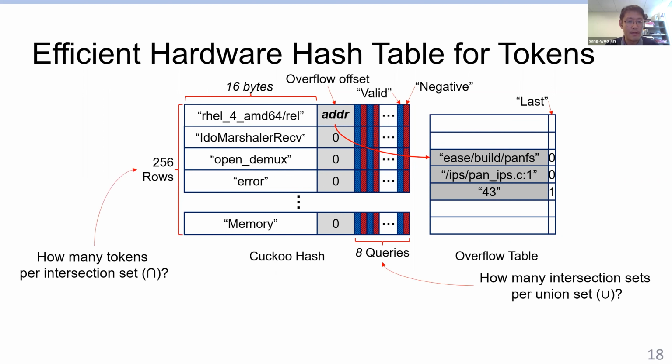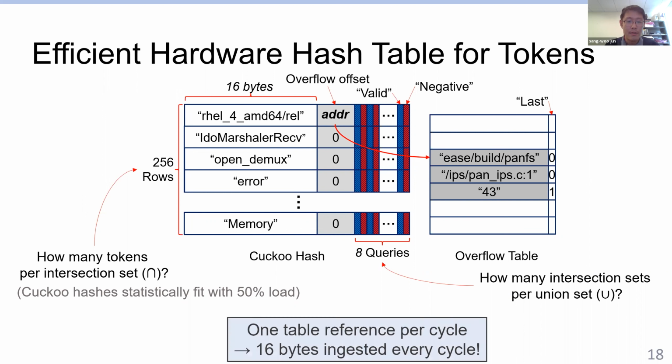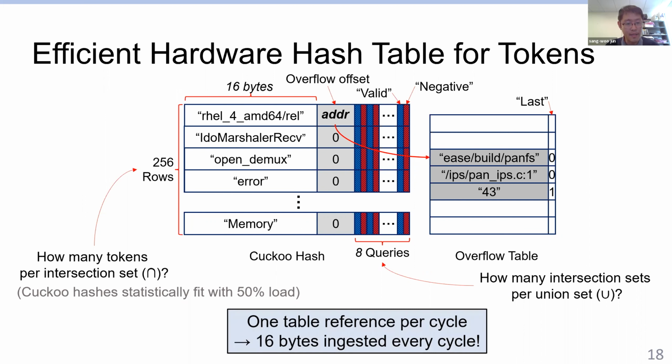We also have, in our prototype, 256 rows in the hash table, which represent how many tokens we can have per intersection set. We can guess how many based on the fact that cuckoo hashes statistically do fit as long as we have lower than 50% load. With this structure, because we have a hash table and an overflow table with the same width of 16 bytes, we can make one table reference per cycle. So for the string input, unlike using, say, a regex accelerator to compare the input 1 byte at a time, we can ingest 16 bytes invariably every single cycle.